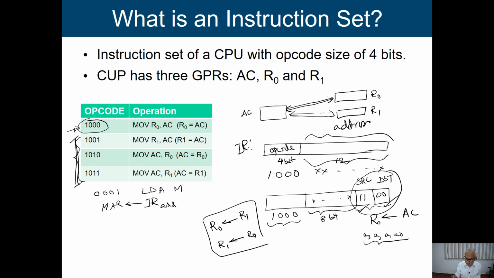For this instruction, we have as opcode 0001, and in the address part, say 940, in hexadecimal. This address part I am going to give to MAR. Then the processor will give the read signal, that means from this particular memory location we are going to bring the information.